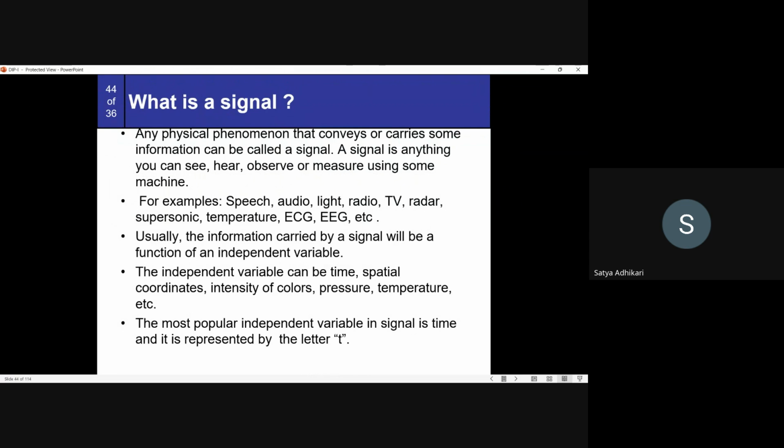The information carried by the signal is a function of an independent variable. The independent variable can be time, spatial coordinate, intensity of colors, pressure, or temperature. But the most popular independent variable in a signal is time, represented by t.